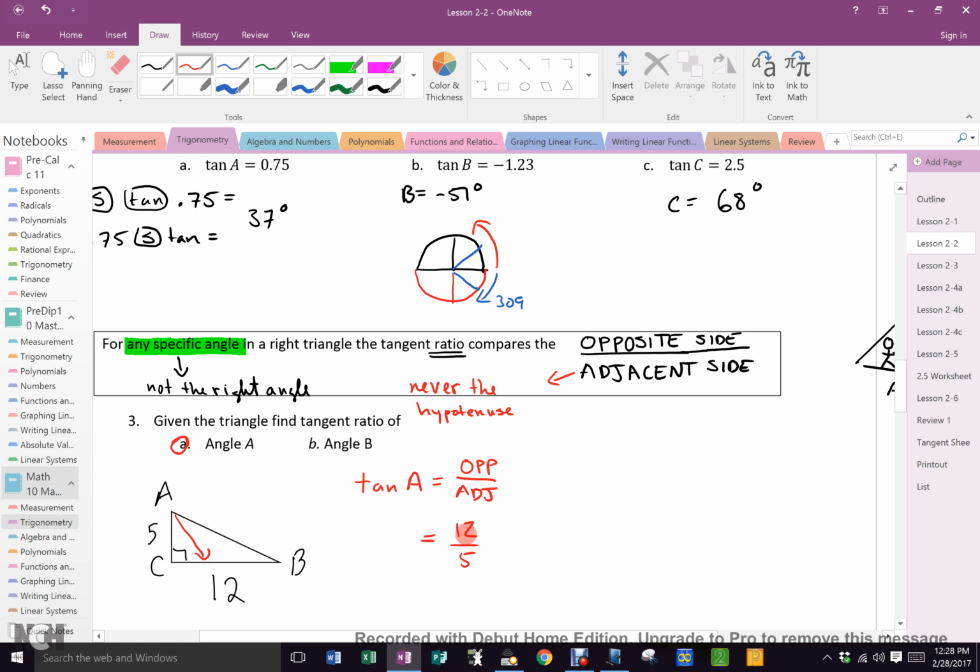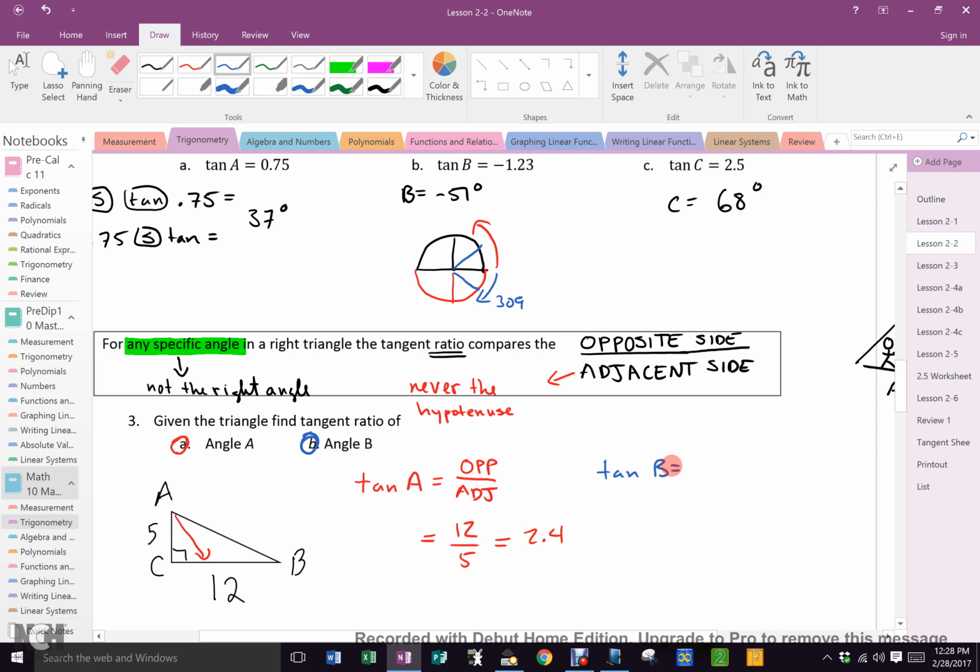That is the ratio. What is the other way I'm allowed to write that? As a decimal. What is its decimal? No. What is its decimal? 2.4. I don't want the angle. That's all right. It's a mistake that everybody is going to continue to make. I only wanted the ratio. Now, what is it for B?